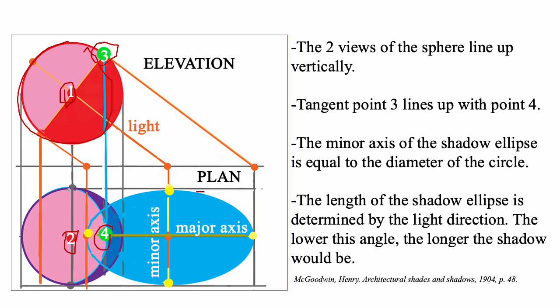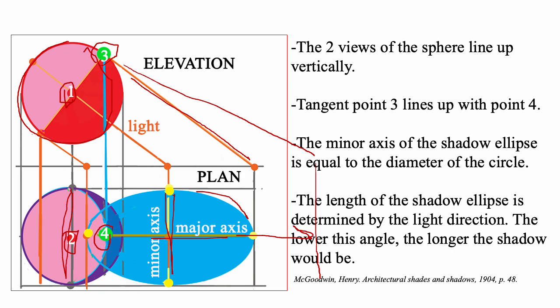Now, to find this elliptical shadow, you can see that the minor axis is as large as the diameter of the circle, and the major axis is determined by the light direction. So you could see that if the light direction were lower, then this shadow would be longer. And that's consistent with what we see outside. When the sun begins to set, shadows get longer.